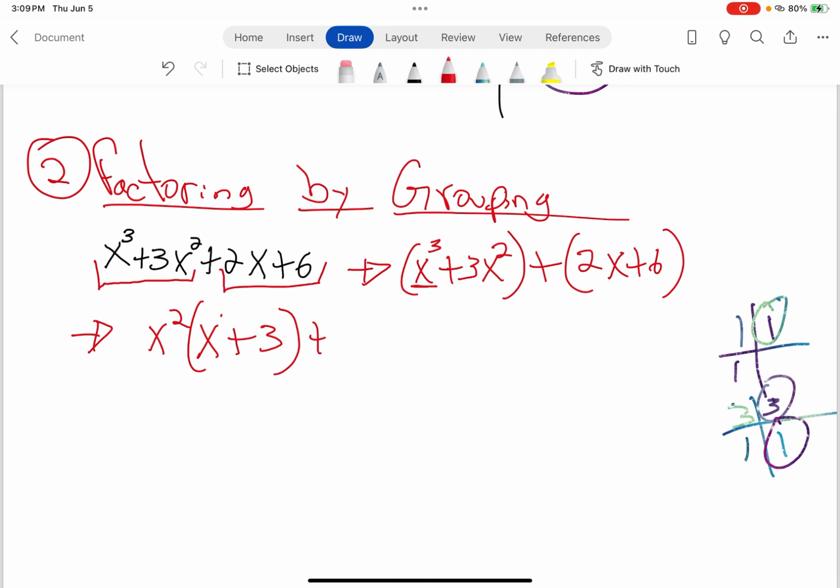Now the same, greatest common factor here between the numbers first, which are 2 and 6, right? For 2, the greatest common factor, 2 divided by 2 is 1, so the factor is 2.